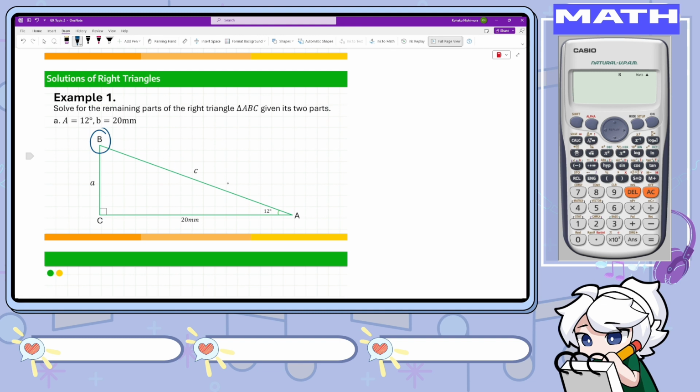Remember what I said earlier, that if we already have 90, the sum of the other 2 remaining angles should be 90, right? So we have to subtract 12 from 90 to get the measure of B. 90 minus 12 is 78. So this is 78 degrees.